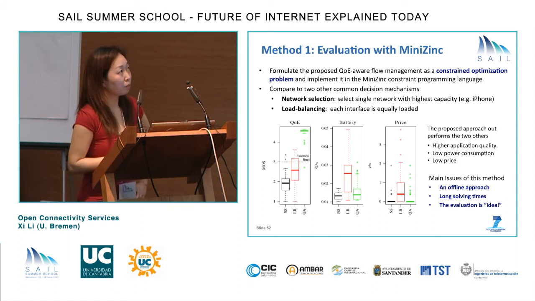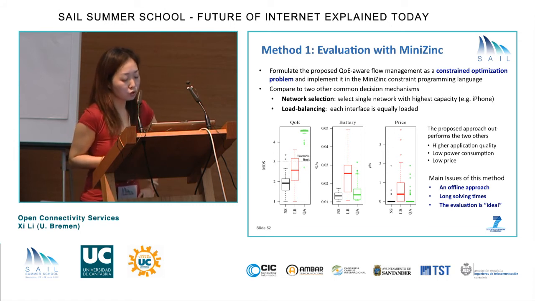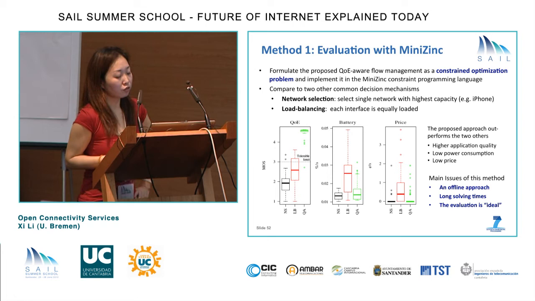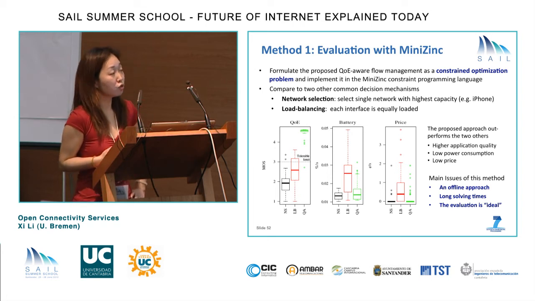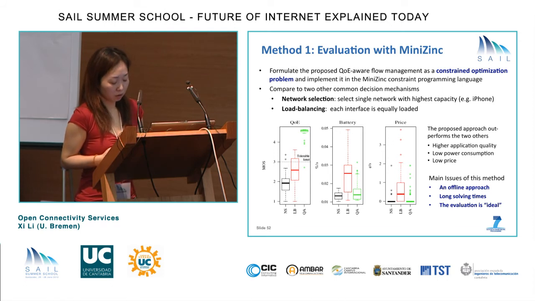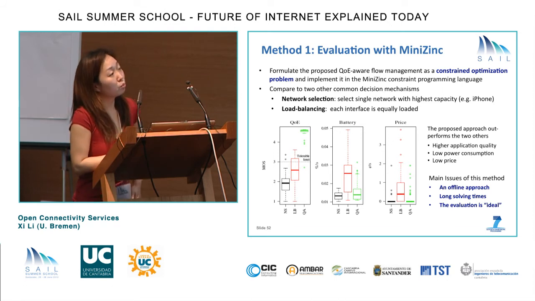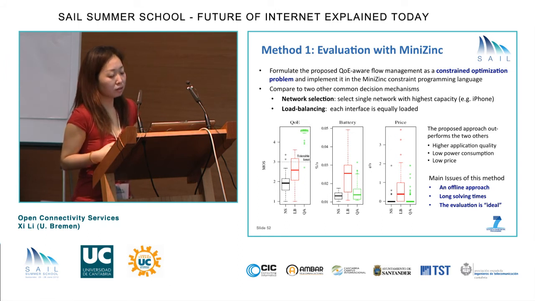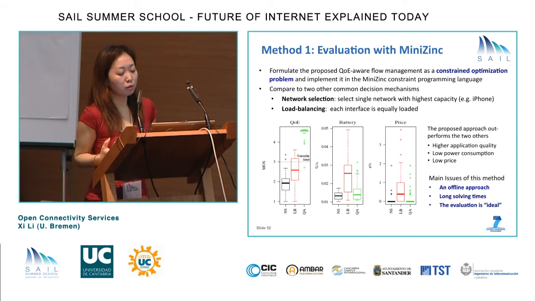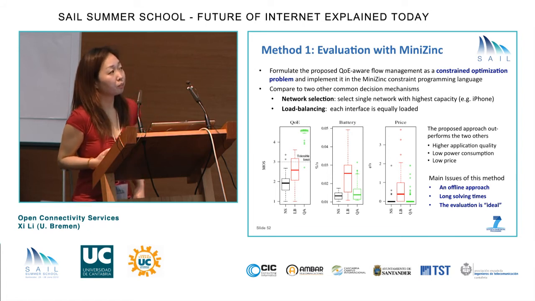However, because we formulate the problem as a constraint optimization problem, there are three issues with this method. Firstly, it is an offline approach, because we only take the input once and evaluate the solution, so it cannot be used in a dynamic system.